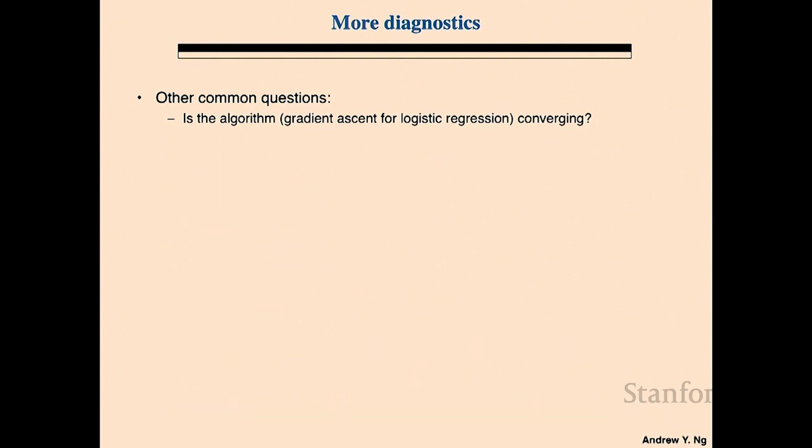Now, the other question that you sometimes wonder: a lot of this iteration of debugging learning algorithms is looking at what your learning algorithm is doing and asking yourself, what are my guesses for what could be wrong? And maybe one of your guesses is, maybe you're optimizing the wrong cost function. So here's what I mean.